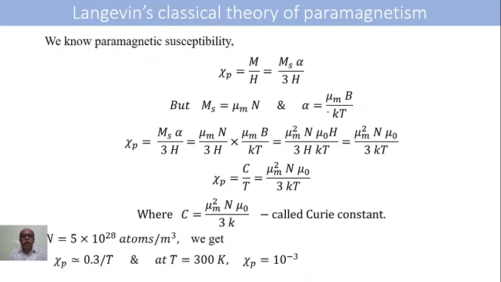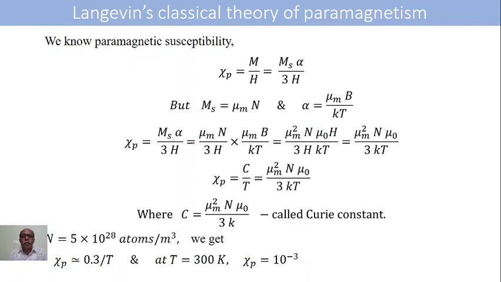Substituting for Ms and alpha, the susceptibility of the paramagnetic substance is equal to Ms alpha by 3H. That will be equal to, for Ms, μm into n by 3H as usual, and for alpha, μm B by kT.